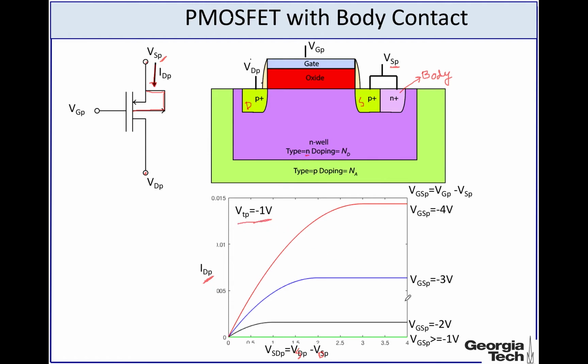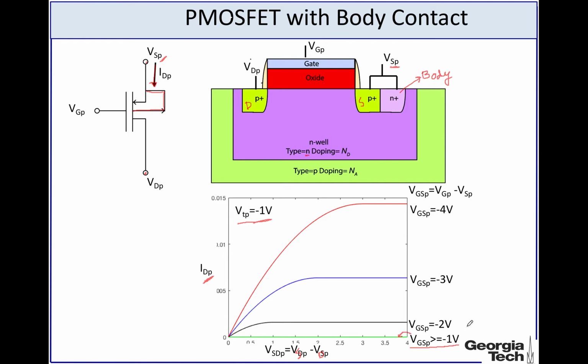Alright, so in this case the threshold voltage is minus 1 volts. Now what does it mean? It means that when the gate to source voltage is larger than minus 1 volts, the device will be in an off state. So what does it mean? In this plot, we can clearly see that when VGSP is larger than minus 1 volts, the current is basically 0.